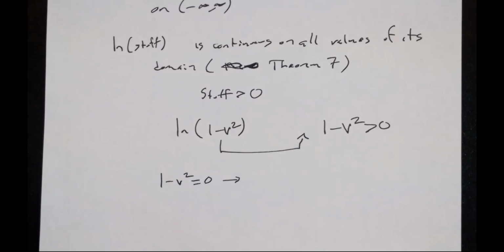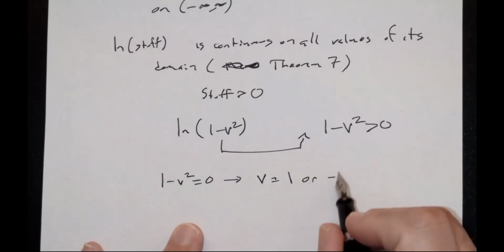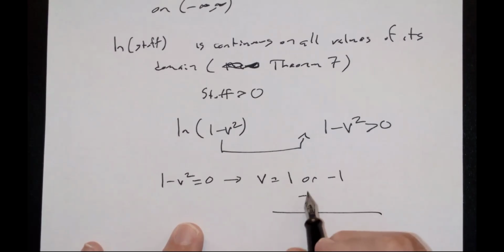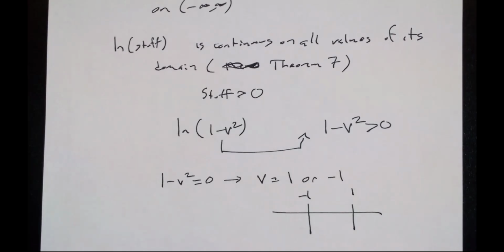Go ahead, Evan. But there's more. What other option could I have for v? I could have -1. Now, those are the only places it's equal to 0, which means everywhere else it's either positive or negative, right? It can only be 0 at those 2 spots. Everywhere else it's either plus or minus.